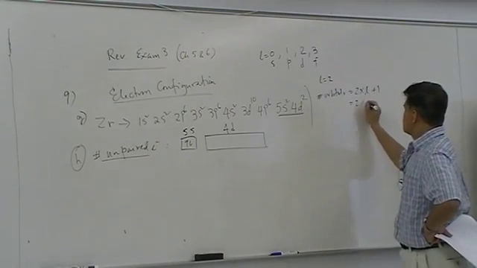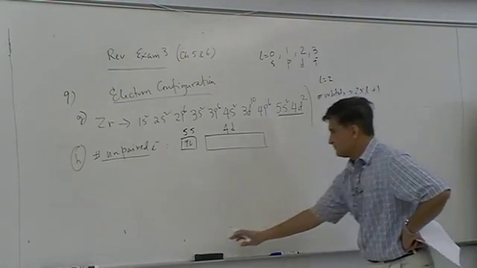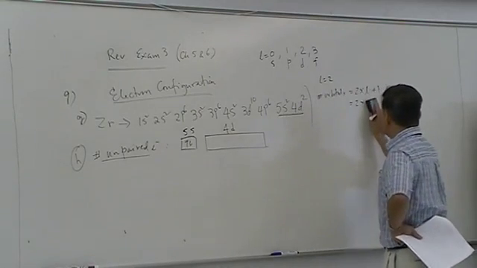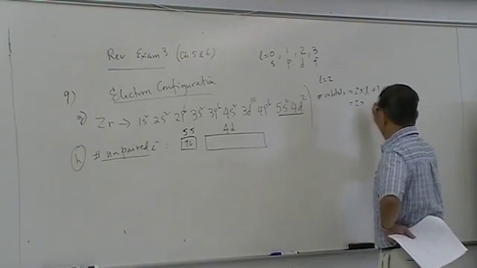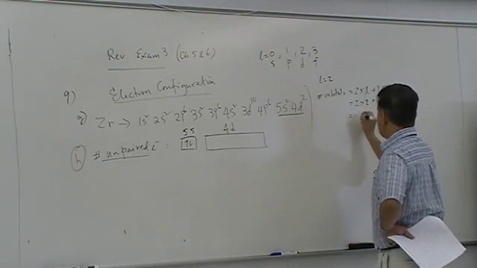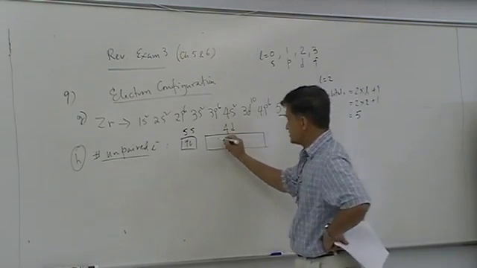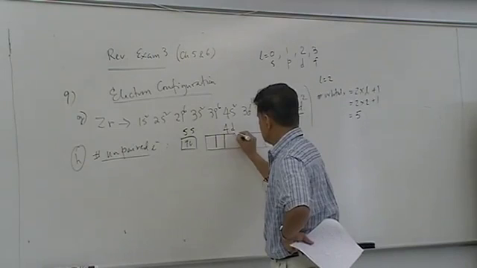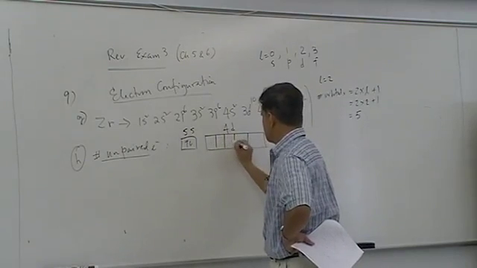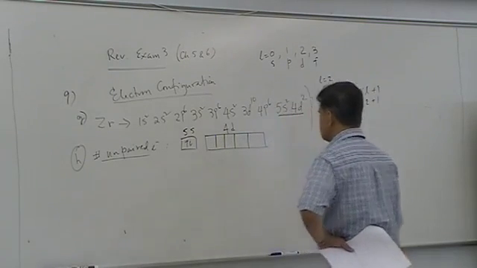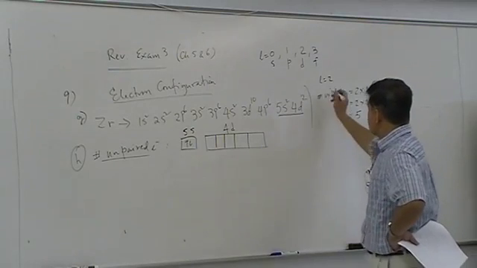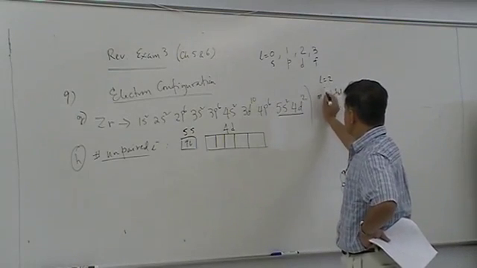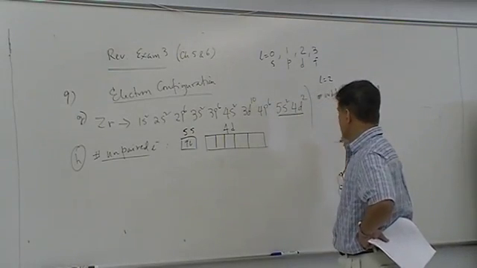So that's 2 times 2 plus 1, which is 5. That's why it gets 5 orbitals here: 1, 2, 3, 4, 5. Or you can write it in terms of ml values. ml is -2, -1, 0, +1, +2. That's 5.